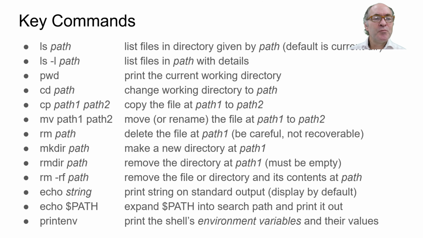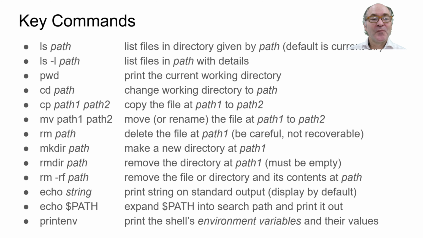So you've already seen an example where, for example, tilde means my home directory. So give it a try. If you say echo tilde, then the shell, before executing the echo command, will expand tilde into your home directory path, and then print out that path on the screen.